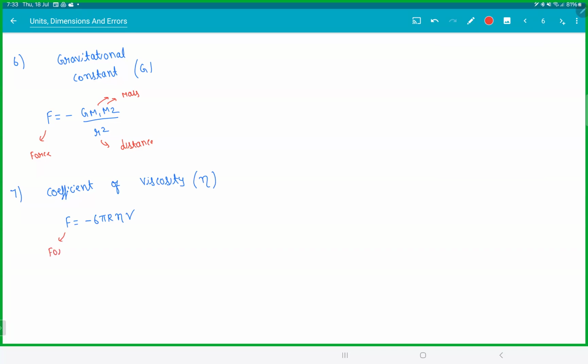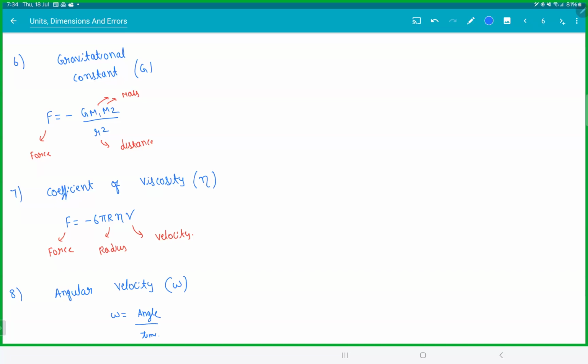Again, F is force, r is radius, v is velocity. Angular velocity. Omega is simply angle by time. This is an easy one. So let's get them. Try.